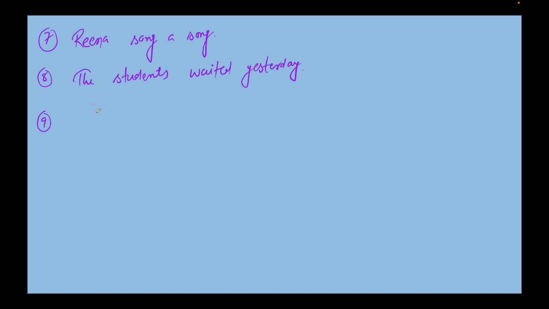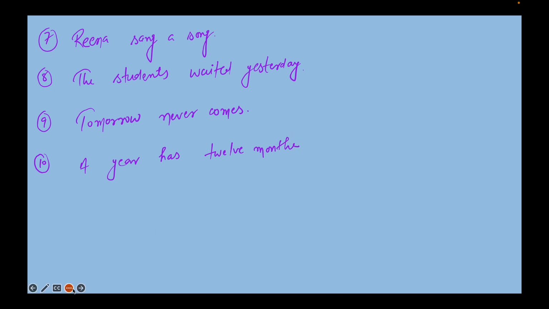Ninth one: tomorrow never comes. Tenth: a year has 12 months. A year has 12 months. So these are some examples.